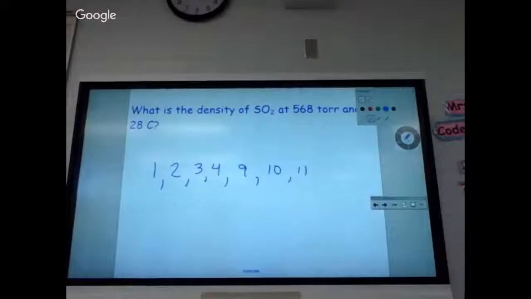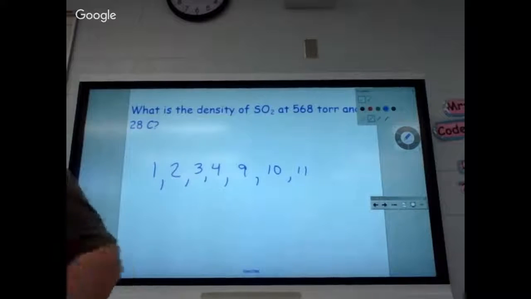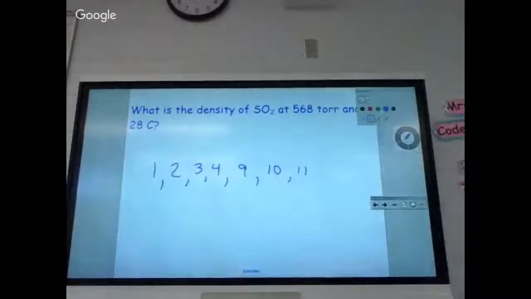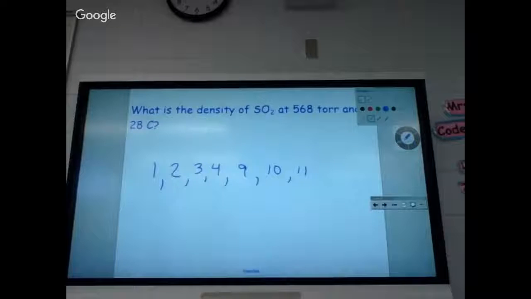And then we're going to move on to volume ratios. I'll put the answers on my desk. You may not get them all done before I stop you. All right, where are we?